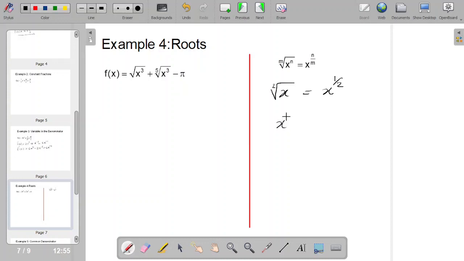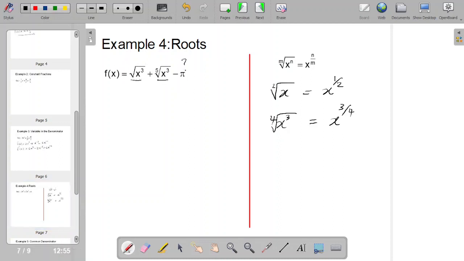You can also look at another example. Say if you have x cubed and you want the fourth root of x cubed, then this would be x, what was inside goes in the numerator, and the fourth root, so this is x to the power 3 over 4. Before you can find your derivative, you must deal with this root and this root.